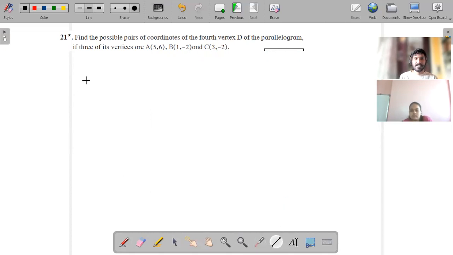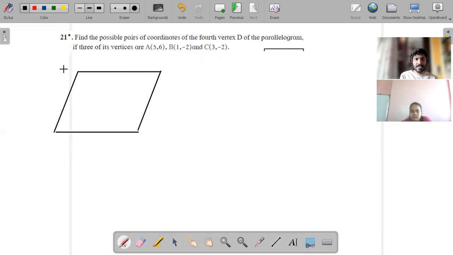In this question, they have said that there is a parallelogram. So we'll draw a parallelogram, and the parallelogram is A, B, C, and D. Coordinates of A is 5, 6. Coordinates of B is 1, -2.